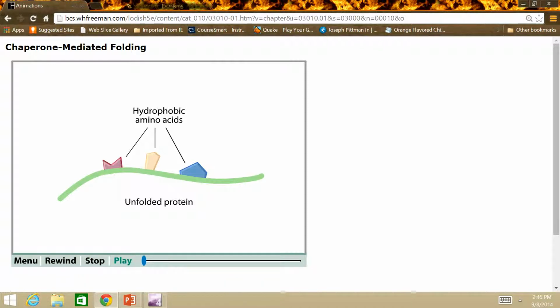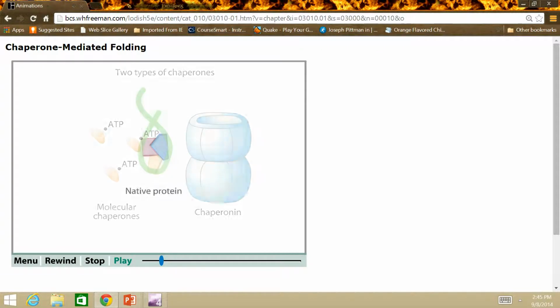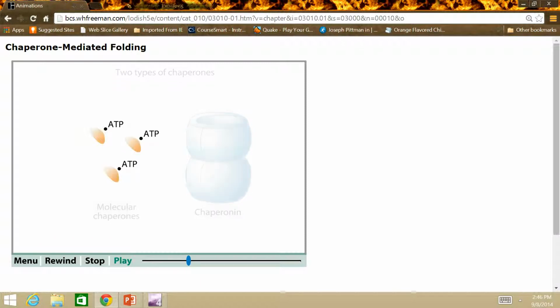In vitro, a denatured protein can refold into its native state on its own. Nonetheless, in vivo protein folding is aided by chaperones in order to increase efficiency and prevent aggregation of misfolded proteins. Molecular chaperones, such as HSP70, assume an open form when bound to ATP.